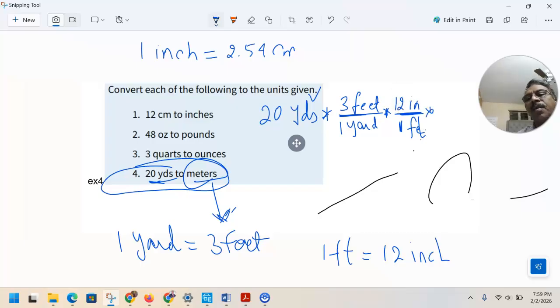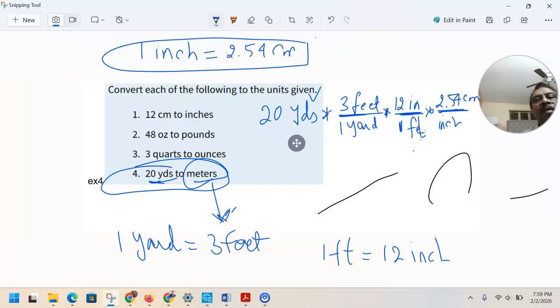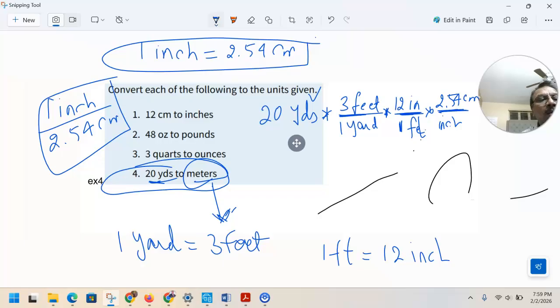And then I'm going to convert this into 1 inch. 1 inch is 2.54 centimeters. This is the same as writing 1 inch divided by 2.54 centimeters. This is one way to write, or you can write 2.54 centimeters up and divide by 1 inch.